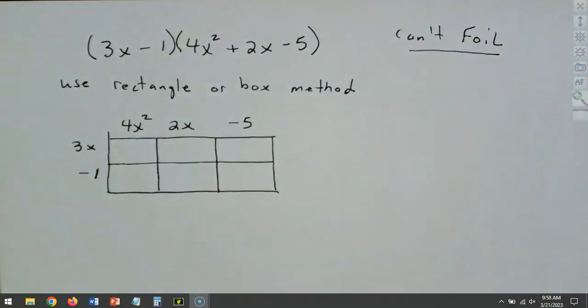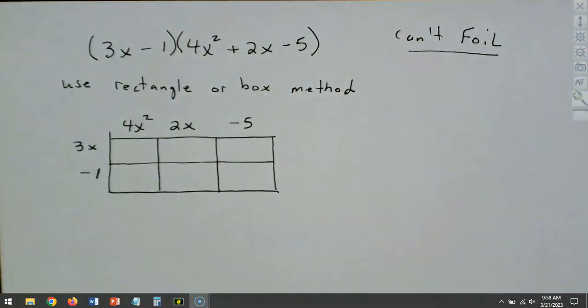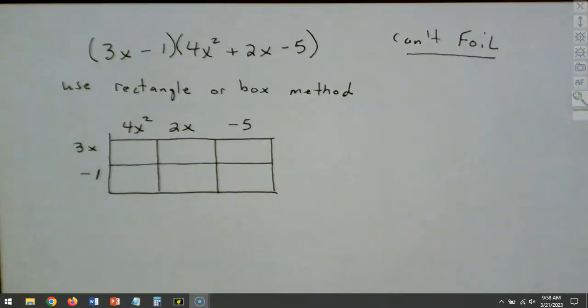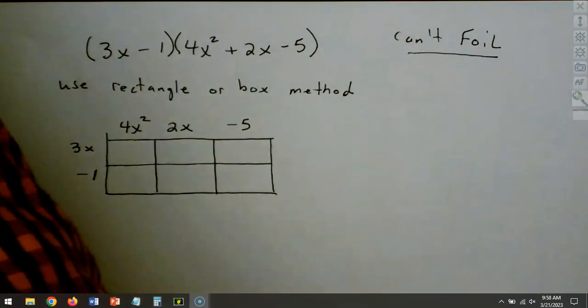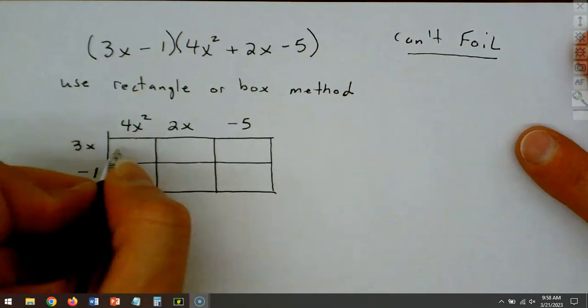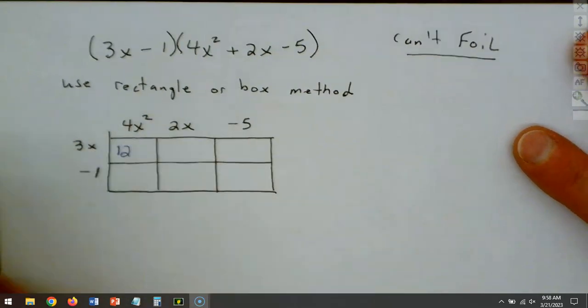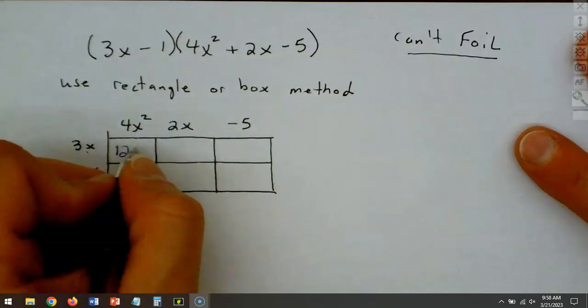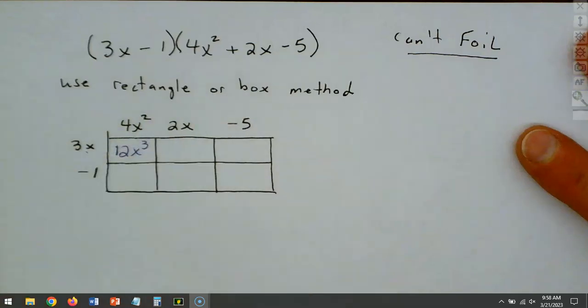Some textbooks call this lattice multiplication. I just call it the box method. And now we just simply fill it in. We've got 3 times 4. Well, 3 times 4, that makes it a 12. X and x squared, that makes it an x cubed.